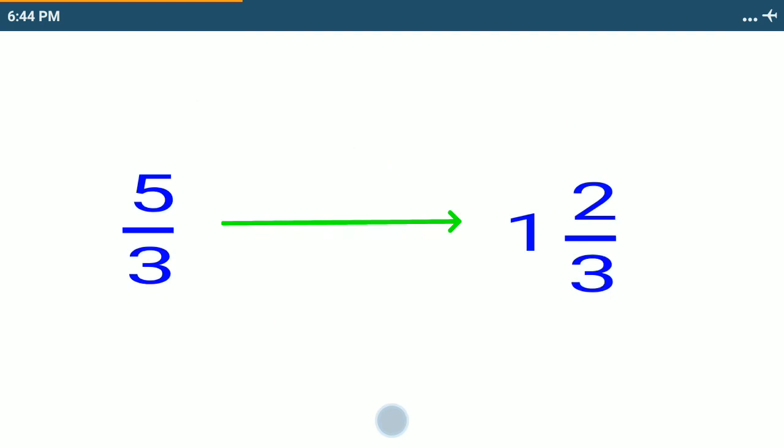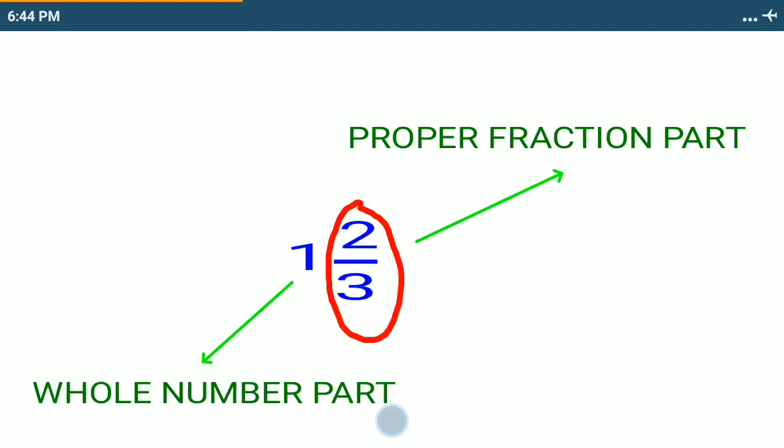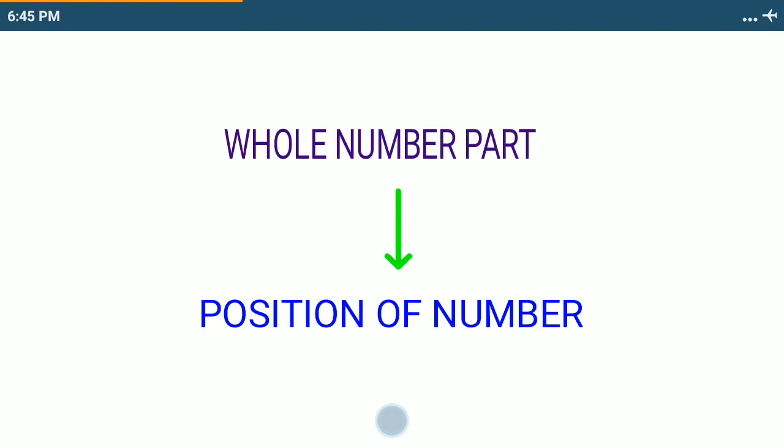Here 1 is called the whole number part and 2 by 3 is called the proper fraction part. Each of the three numbers 1, 2 and 3 tells us something about where 5 by 3 is plotted on the number line.